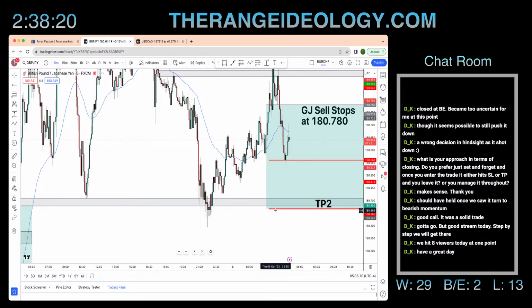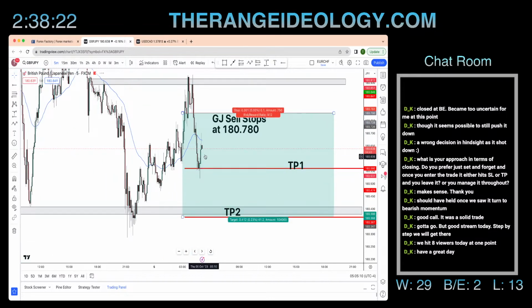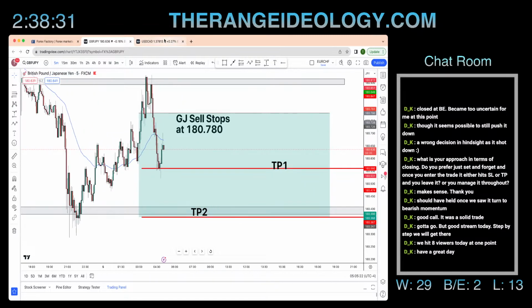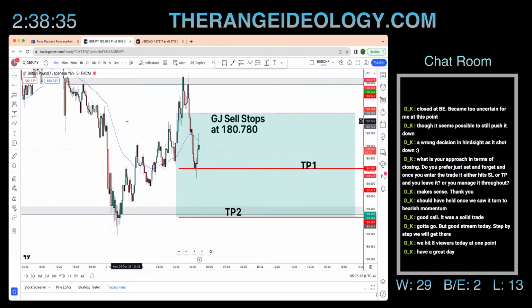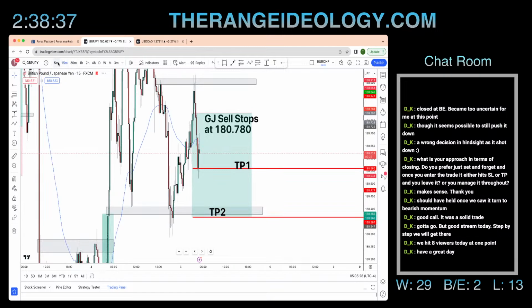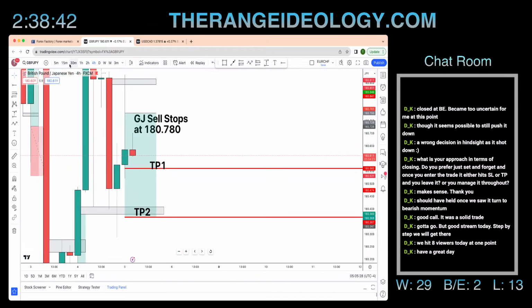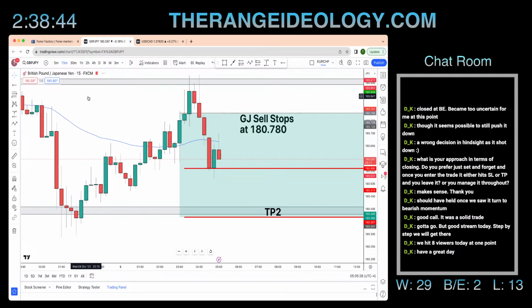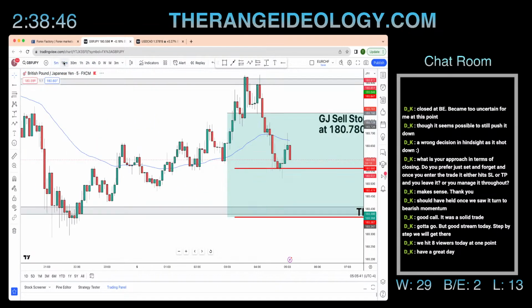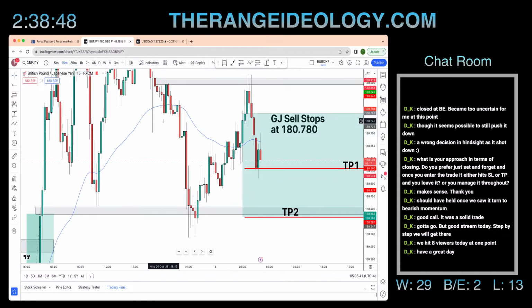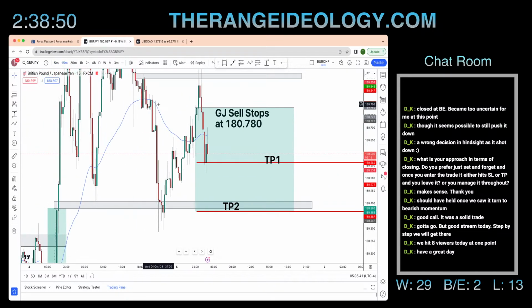So the reversal would mean that it touches the bottom end here, wicks down here before I decide to enter buy stops. Once price reaches back here, we continue to move up, right? So USD CAD and GJ. So that's what I'm looking at right now. And again, looking for the full push from GJ. Let's see here.